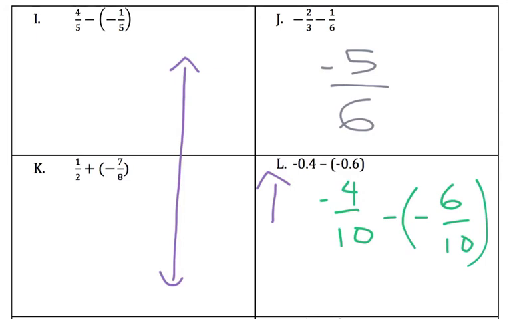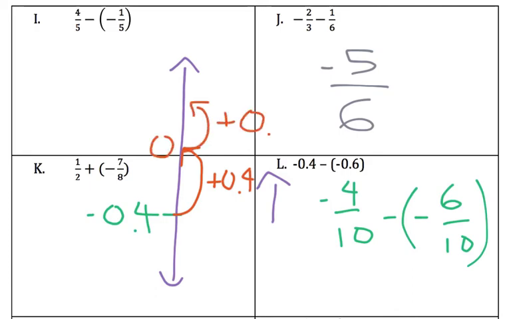But again, I'm going to keep it in decimal form. I'm going to start down here at negative 4 tenths, and then we're going up 6 tenths since we're subtracting weight. So first I'm going to go up to the friendly number 0, and then I got 2 tenths left over. And that would be the answer. The answer would be 2 tenths for L.